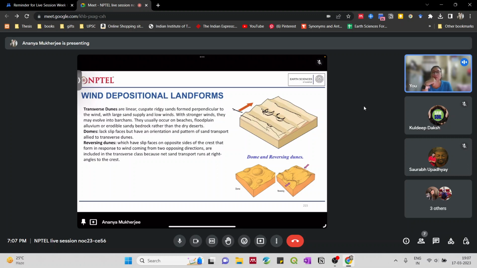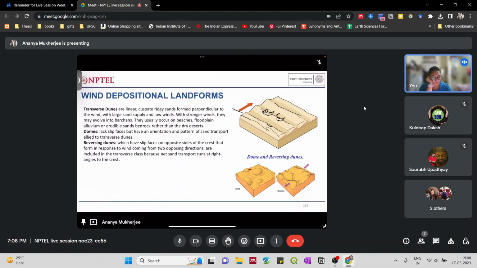Then you have another dune, that is the dome dunes or domes. These actually don't have slip faces, but the orientation and the transport of sand is similar to the transverse dunes. You can see over here, these are the domes.